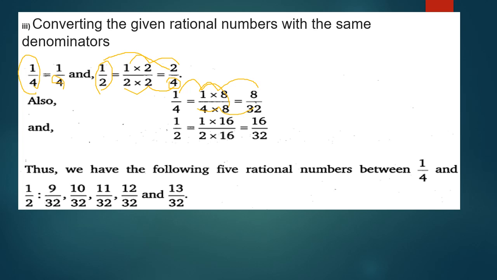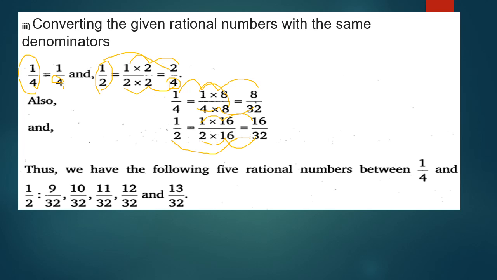Then let us convert the 1 by 2 into the denominator of 32. If we want to make the 2 into 32, then we want to multiply the 2 with 16. So 2 16s are 32, 1 16s are 16.